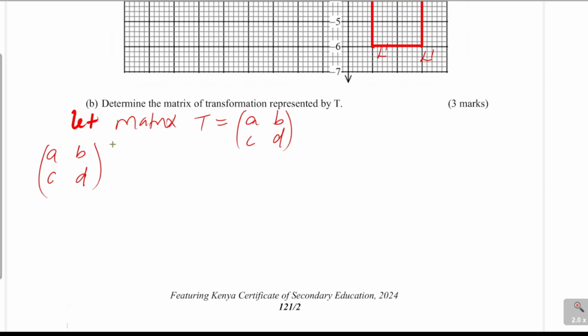So pre-multiply the object, which is K, L, M, N, with the matrix ABCD, which is T. You have it here.